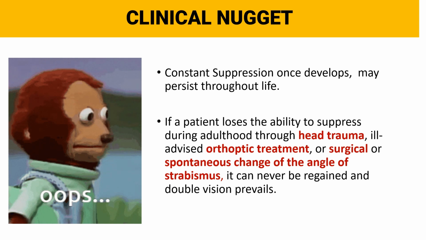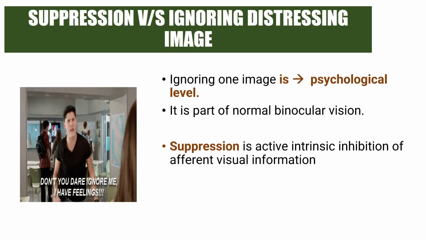This double vision is because of the disturbed suppression or loss of suppression, and this suppression can never be regained later, and double vision is going to prevail in such patients, right? So remember that the ability to develop suppression is present only in the visually immature system, and even if it is developed and then disturbed later in life, it is very difficult to gain it back.